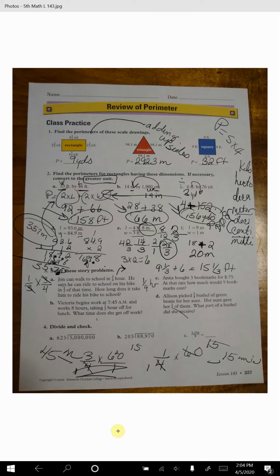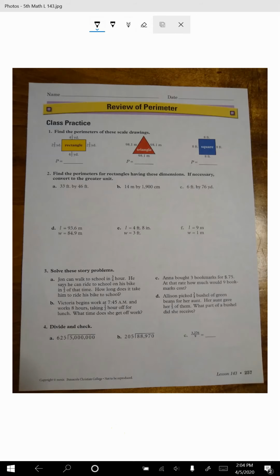So obviously he can get to school faster if he rides his bike. All right, I'm going to clean this page up. There we go. Okay.